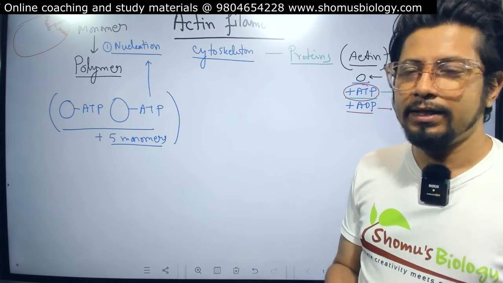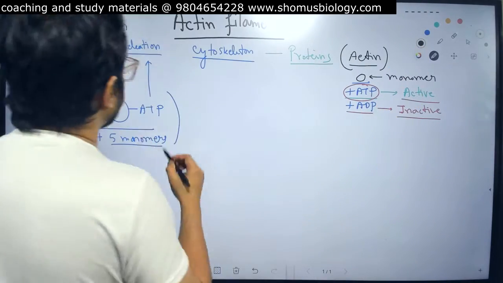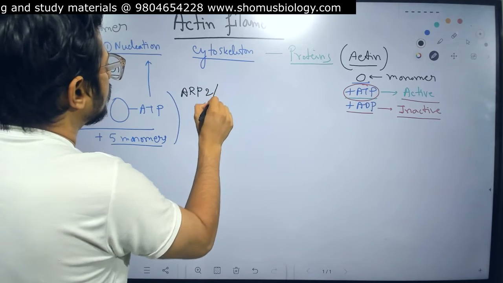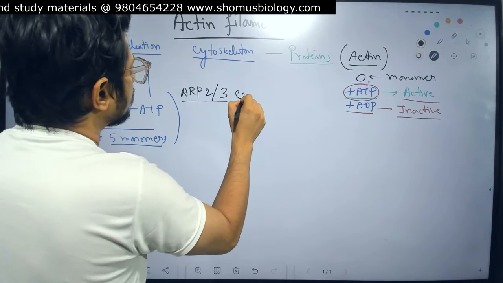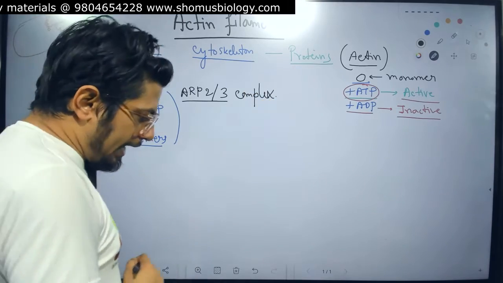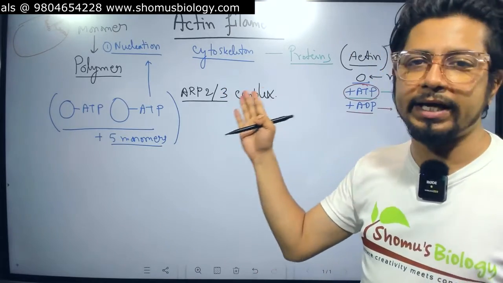But the nucleation of actin is again not possible if there is no nucleation protein, and the nucleation protein in case of actin is known as the ARP2/3 complex. Actin nucleation protein complexes are needed, like ARP2, ARP3.